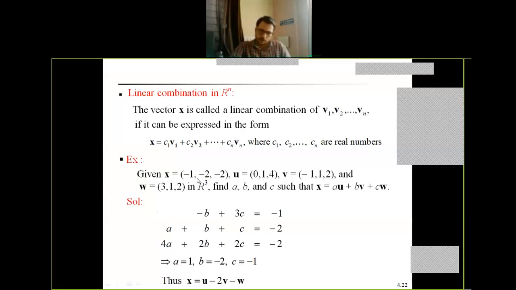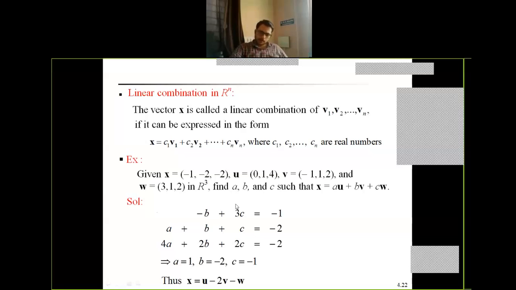Since x is given, we have put the components of x, minus 1, minus 2, and minus 2, so the right hand sides of the equations will be minus 1, minus 2, and minus 2 respectively. And minus b plus 3c, a plus b plus c. For the second element in each vector, 1, 1, and 1, so a plus b plus c is equal to minus 2.